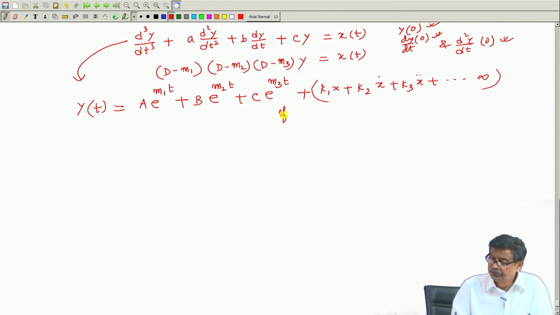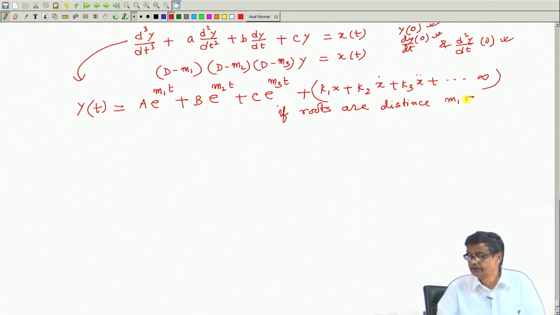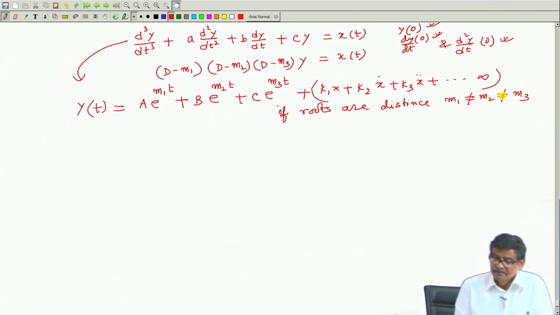This is true if roots are distinct, m 1 not equal to m 2 not equal to m 3.